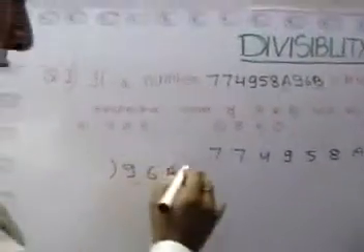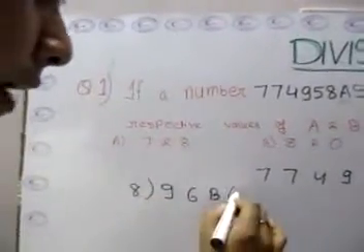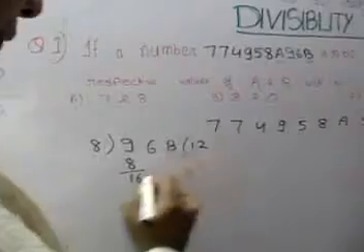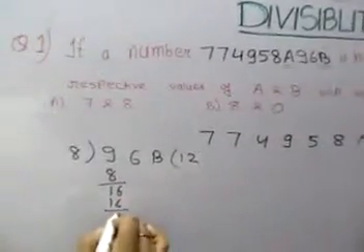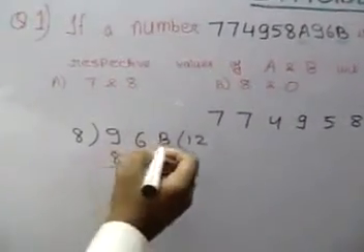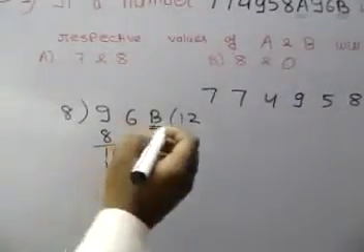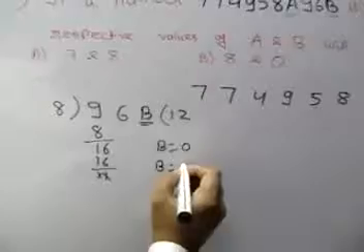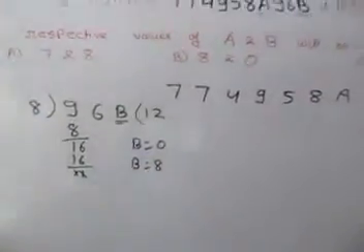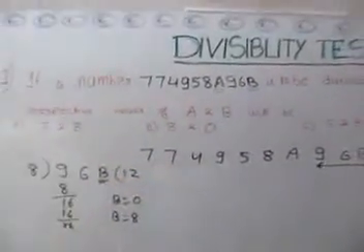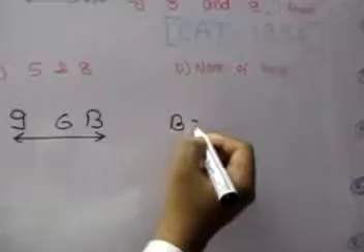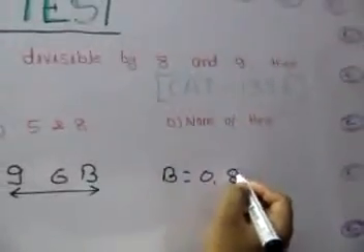If you do the actual division by 8, we find 1, remainder is 1, 2, 16. That means which value of B will satisfy this condition? If B equal to 0 or if B equal to 8. So this number is divisible by 8 when we have B equal to 0 or B equal to 8. That means we have two values of B.